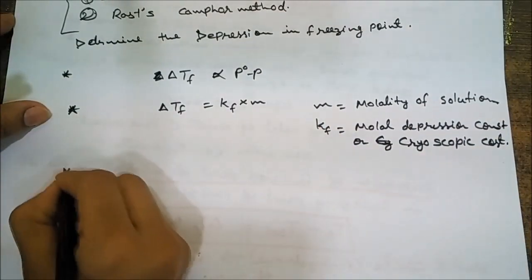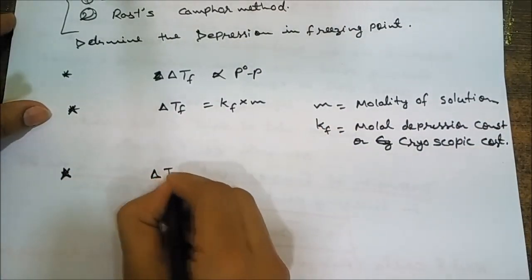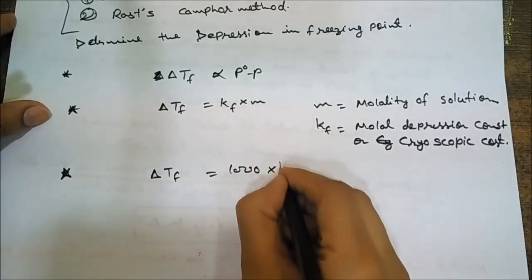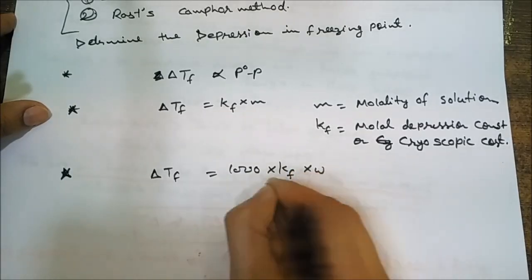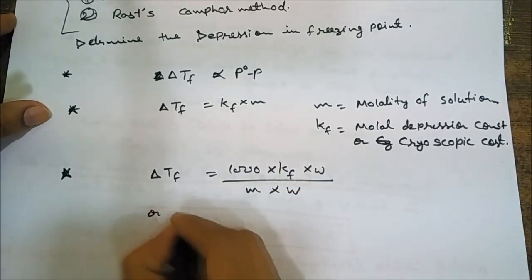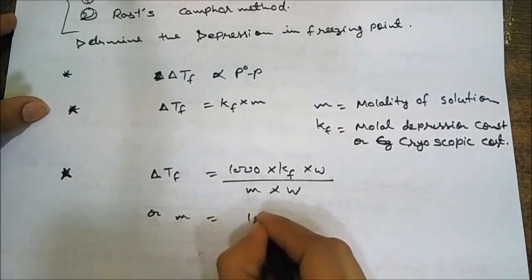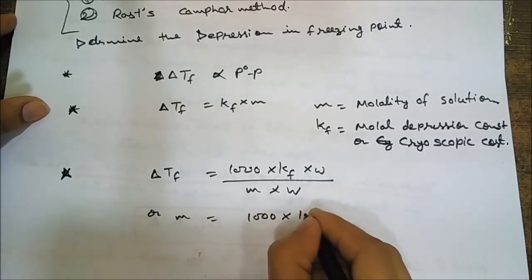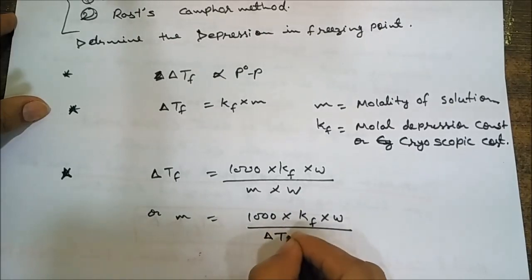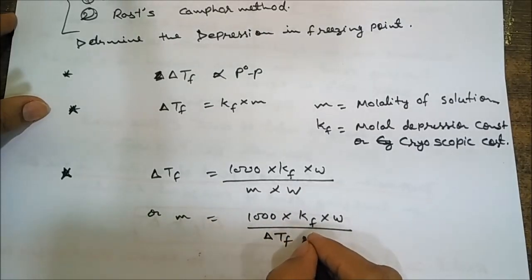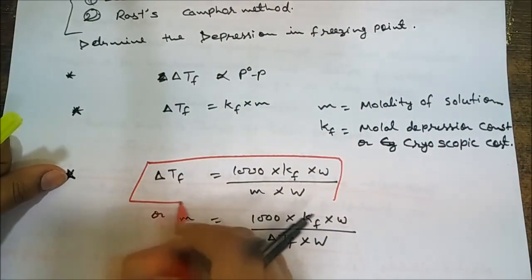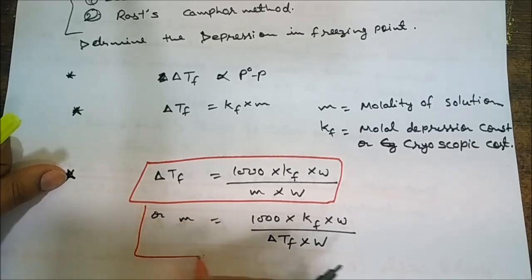Or we can calculate the depression in freezing point by this formula also, ΔTf = 1000 × Kf × w upon M × W, or molality can be calculated by 1000 × Kf × w upon ΔTf × W. So these are the formulas to calculate the depression in freezing point.